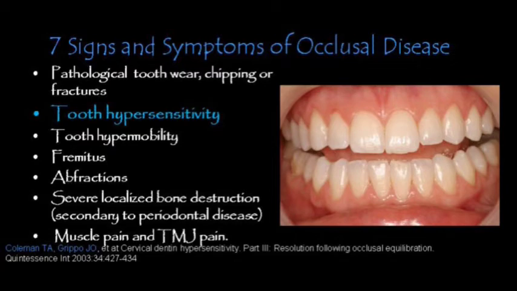In other words, those patients who come to our practice and tell us that they have sensitivity with hot and cold, sensitivity when they eat ice cream, and sometimes they feel that the sensitivity is on one side at one time and on the other side at another time. Those patients usually are suffering from occlusal disease.